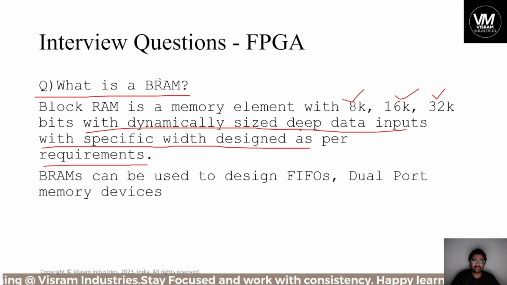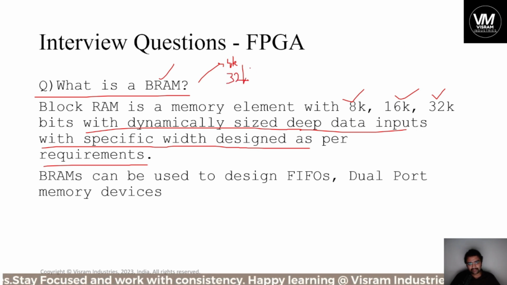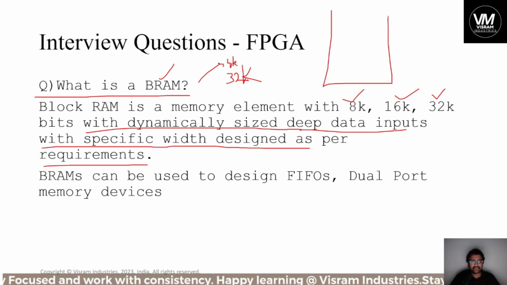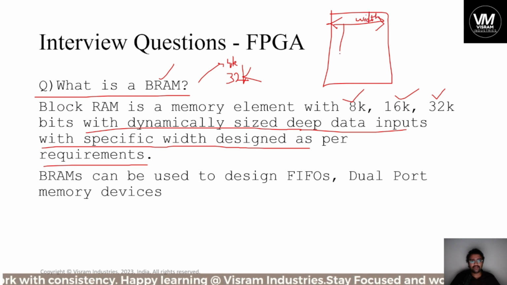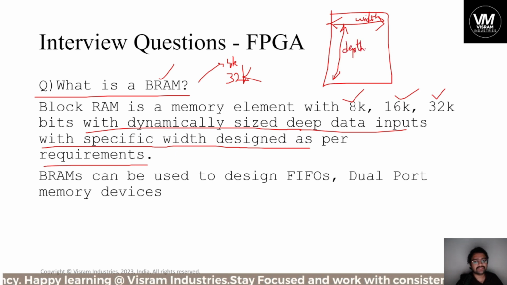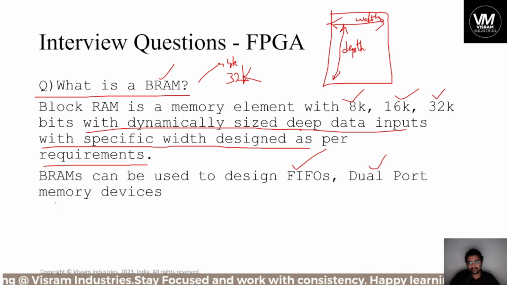For example, you have a BRAM and you can make it 4 kilobyte, and you can also make it 32 kilobyte. You have to decide the width and depth of the BRAMs. These can be designed, and major applications of BRAMs are FIFOs and dual port memory devices.